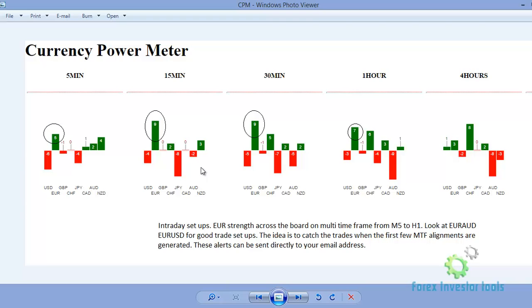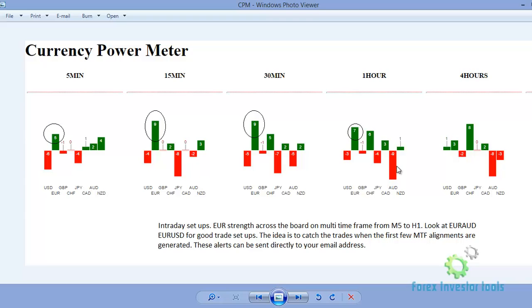Now, as I said, the better way to use it for me would be to simply look at the browser. Let's say I open my browser and I see this situation. Since I'm trading the 1 hour, I'm not going to be looking at the 4 hour. I'm going to be looking at the 1 hour and time frames below that, right?